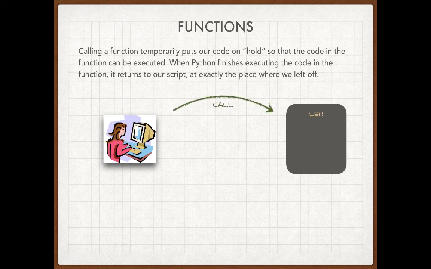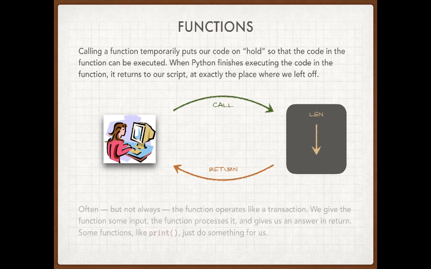So when we call a function, that is to say, name it or begin a transaction with that thing, like here, for example, we're just using the len function. So we call the len function and we send it some input. Len goes about doing its business. And at the end of that process, it returns to us something that we want to see. In len's case, it's going to give us a number.